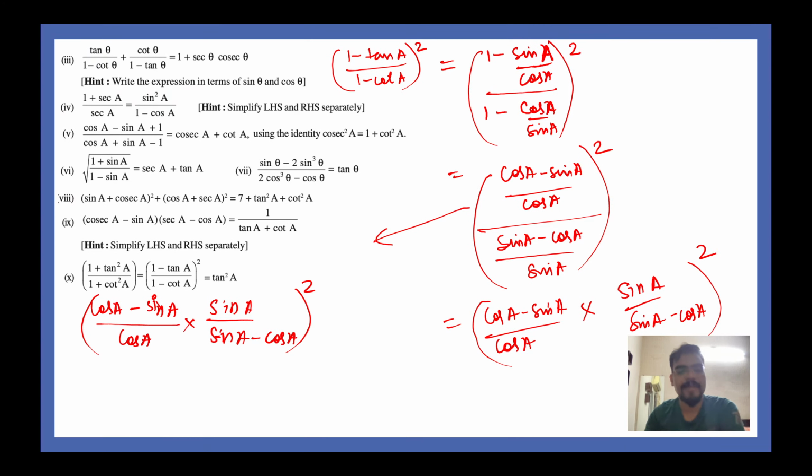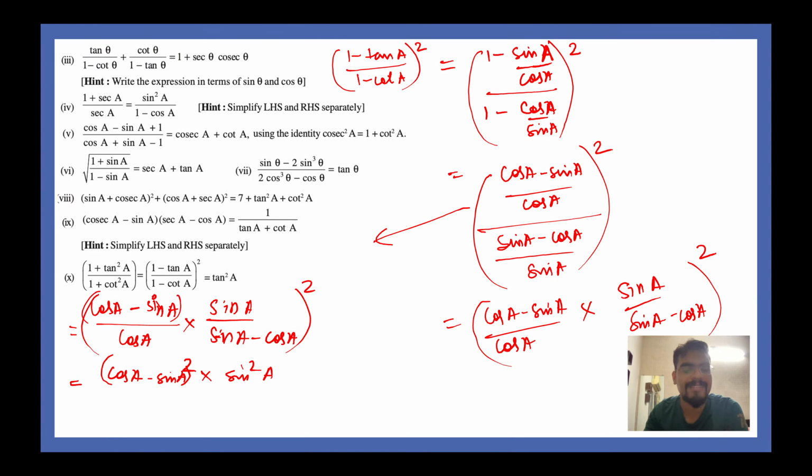Absolutely. Next step is, guys, can we take the square of all these values? So this will be (cos A − sin A) whole square into sin²A, individually taking the square because these values are in multiplication.